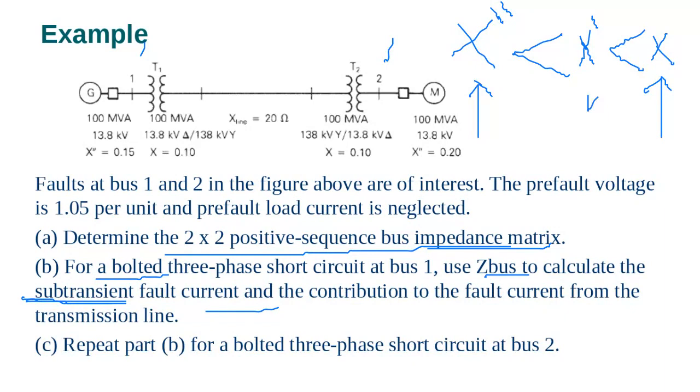So this is the worst case because this is much lower. The subtransient reactance is much lower than the others. Much lower means that the current is high. Why? Because V over X equals I. So I equals V over X. And this X here is lower, so the current becomes high.